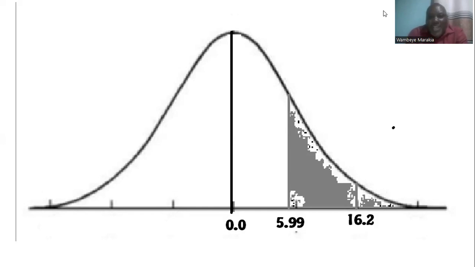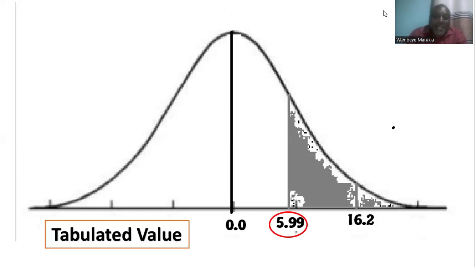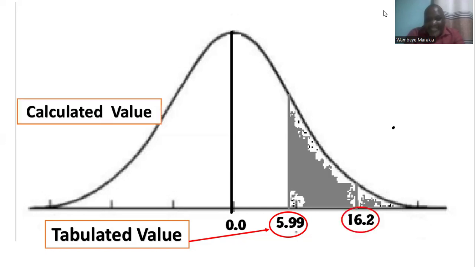We have 2 values here, 5.99, which is the value we got from our table, the tabulated value. We tabulate from 0.0, and as you move on, you get 5.99, then you get 16, which was the calculated value.